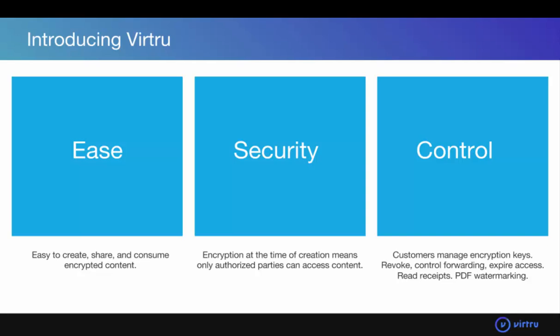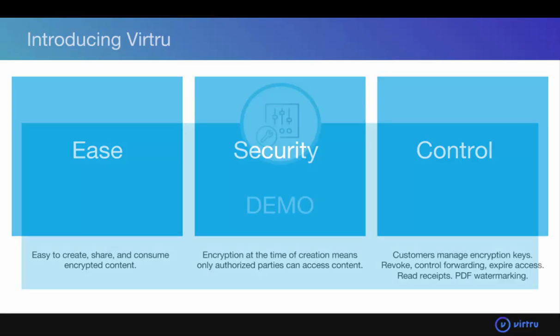But we don't want to sacrifice security within this environment. And then finally, as a byproduct, since this is your most sensitive data, we will give you a level of control on that data that is above and beyond just the security of that content, allowing things like revocation or disabling forwarding.